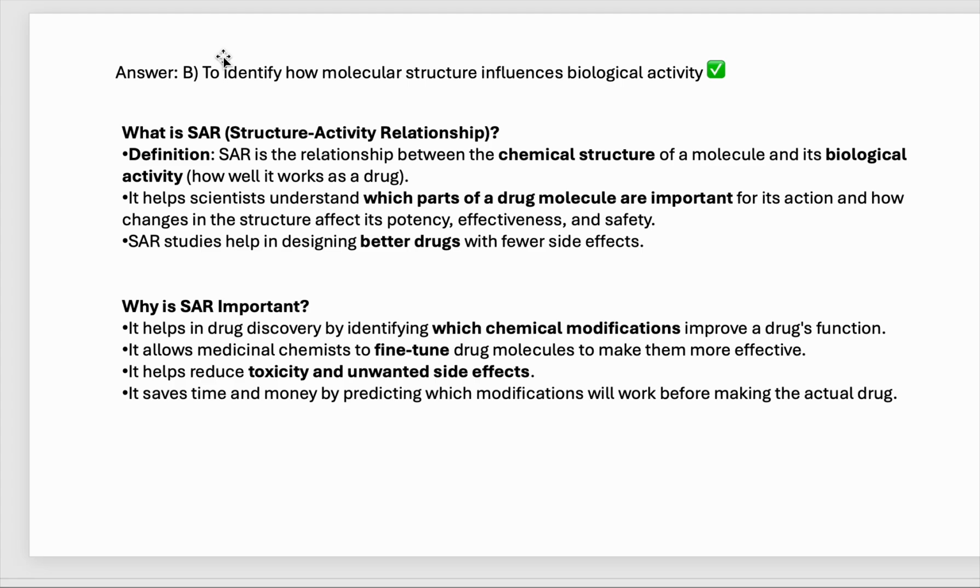What is the significance? If it's an antibacterial compound, what does COH do to give the compound its activity? How is this affecting the antibacterial nature of the compound? So that's basically what SAR means.